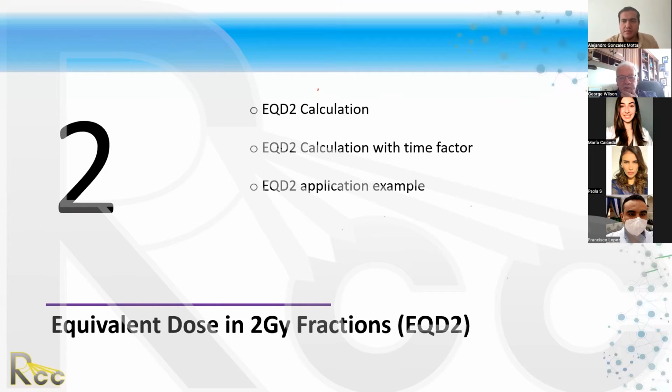So moving on, we're going to talk now about the equivalent dose in 2 gray fractions and give some examples of that. Remember that the BED is the effective dose, but now what we're trying to do with the equivalent dose is to translate a new schedule back to what it would be in 2 gray fractions.